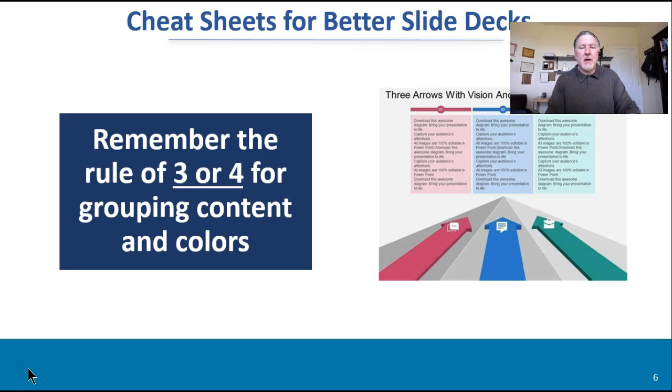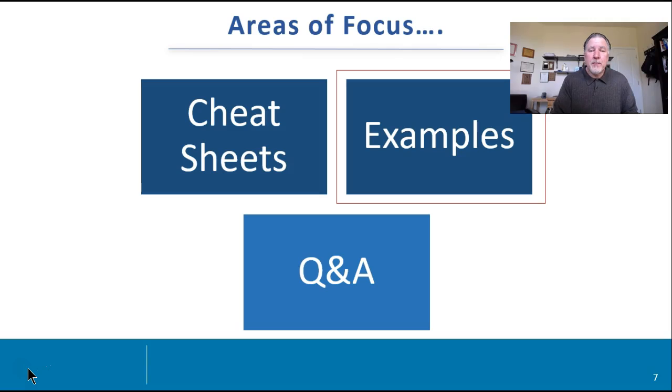So you'll see many times I try to keep things within 2, or if you have a bullet list, put it into a box to group it out, and it just helps visually, and it's also for processing by your audience. So that gives you some tips from a cheat sheet standpoint.